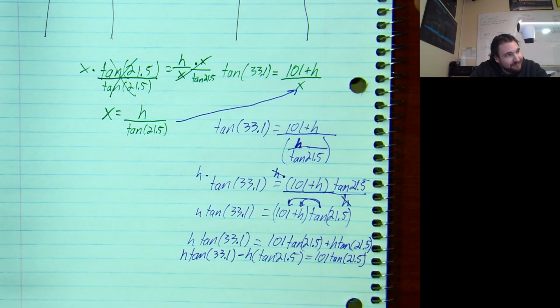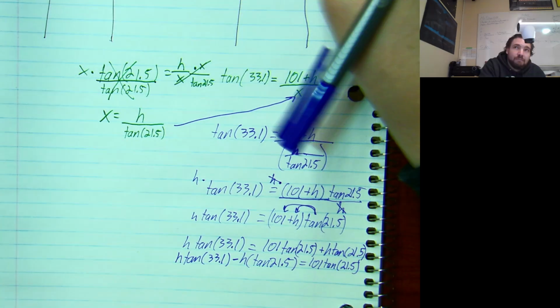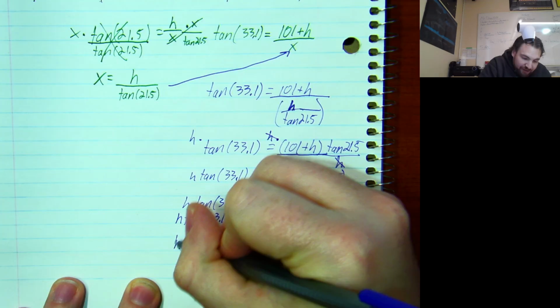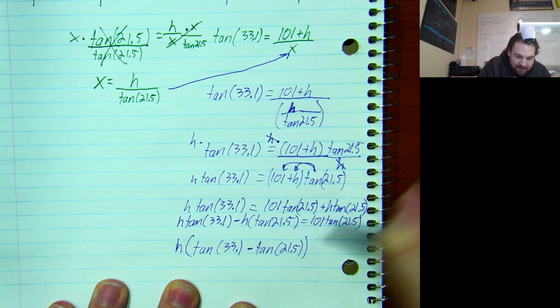Sure. So I'm going to get h outside. I factored out the h because h is in both these terms. I can pull it out front. And I'm going to be left with tan of 33.1 minus tan of 21.5. That's going to equal this, 101 tan 21.5.